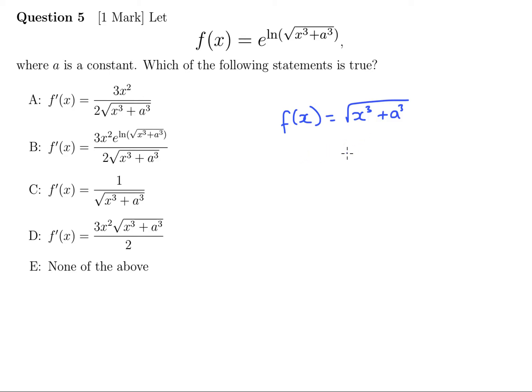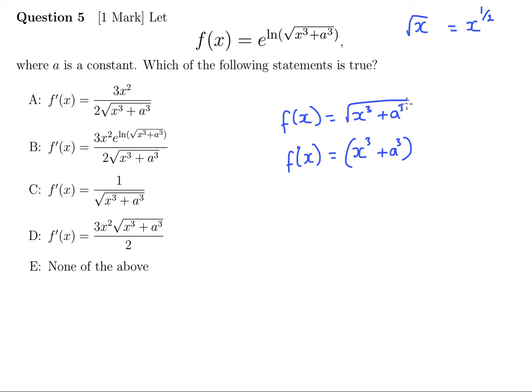So in order to differentiate this, the first thing we have to do is get rid of the square root, and we get rid of the square root by rewriting it as a power. Now again, if you remember from your GCSE maths, the square root of something is the same as x to the power of a half.